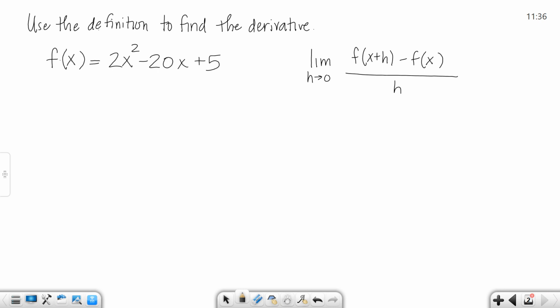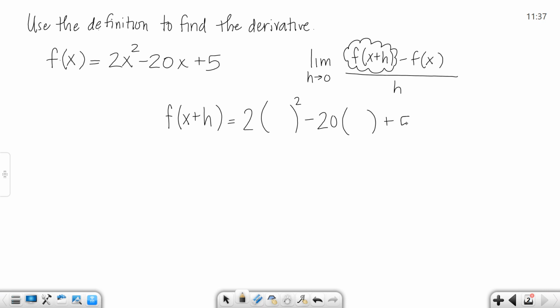Now we've done some of these before this semester. I like to just come to the side and start. I'm going to first do this little piece right here, the f of x plus h. Now, this particular function is 2x squared minus 20x plus 5.